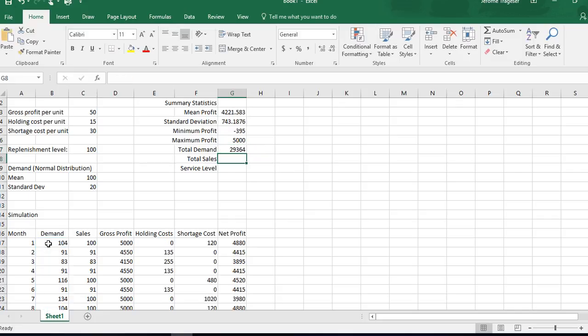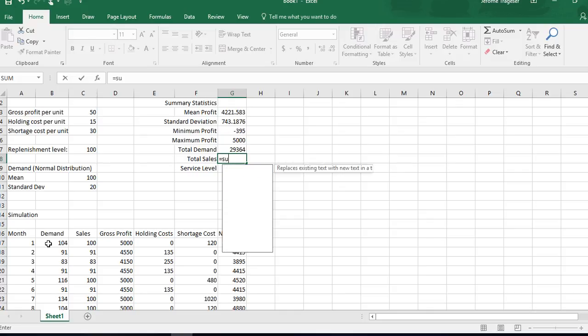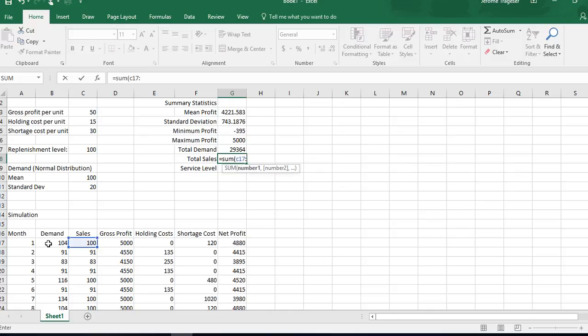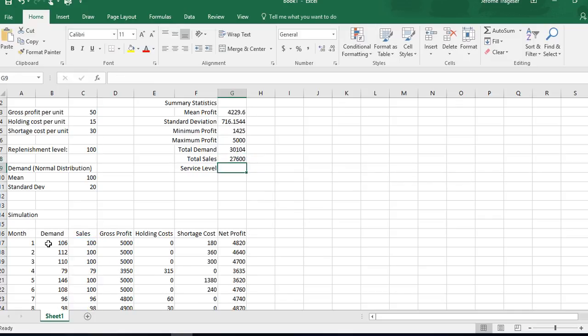And our sales is in column C, so we need that sum equals sum of C17 to C316. Then our service level is our sales divided by our demand. Our service level in this simulation is about 92.5%.